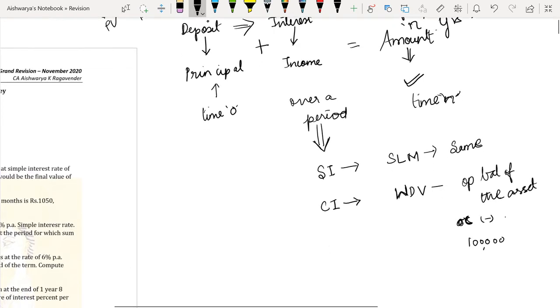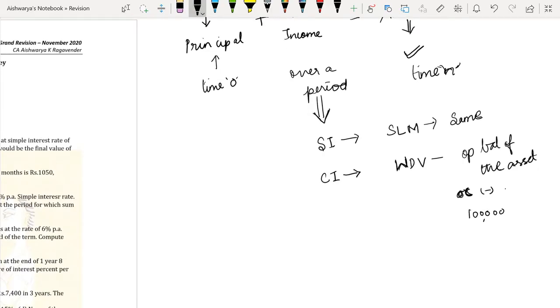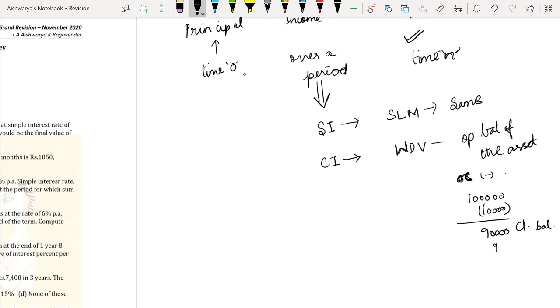Let's say the depreciation rate is 10%. So 10% of 1 lakh will be 10,000. When you subtract this, what you get is 90,000. This becomes the closing balance, which becomes the opening balance for the next year for calculating depreciation. So in the next year, you get another 9,000, 10% of 90,000. So the balance of 81,000 becomes the closing balance of the second year. So this is the first year closing balance. This is the second year closing balance. This is the depreciation for year 1. This is the depreciation for year 2.